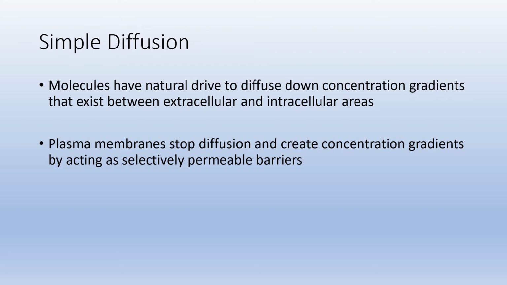But because of those membrane proteins and those gates and those channels, the plasma membrane does stop diffusion and is responsible for creating these gradients. If this was not the case, or if this membrane was not in place, these substances would always be in areas of low concentration.